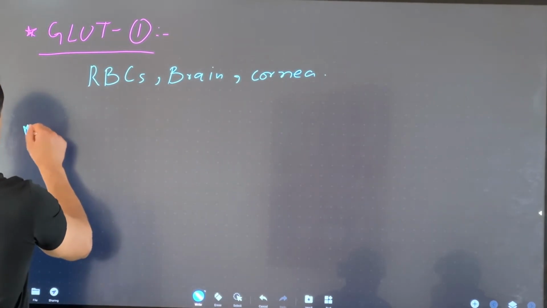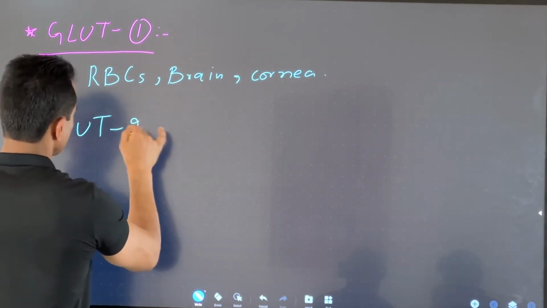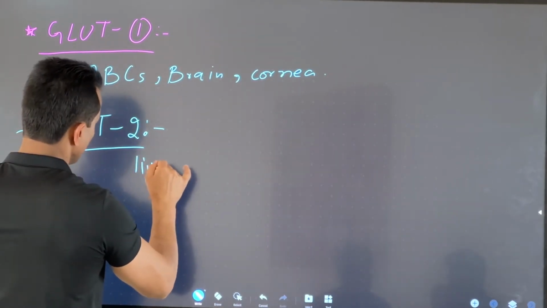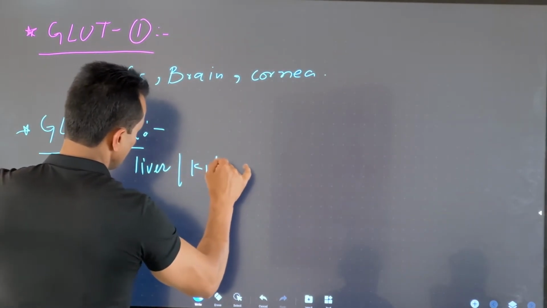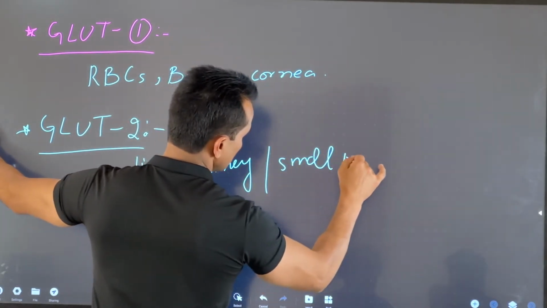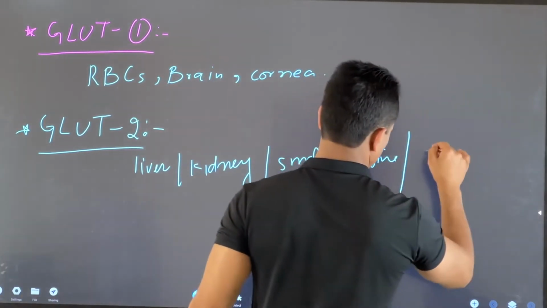Number 2, glucose transporter 2. It transports glucose into liver, kidney, small intestine, also pancreas beta cells.